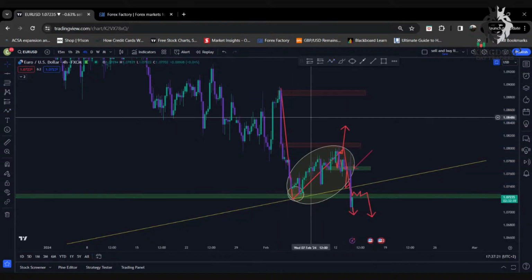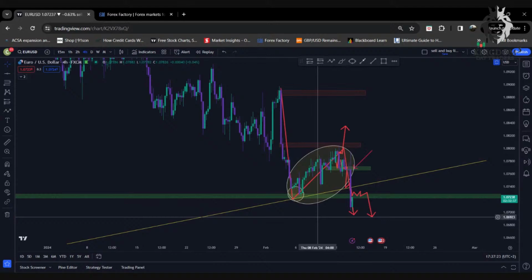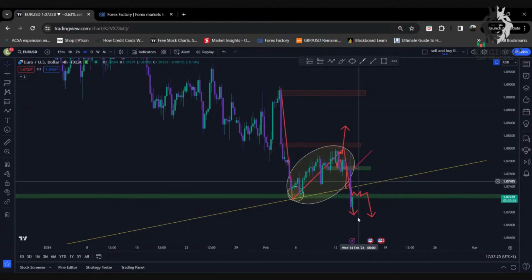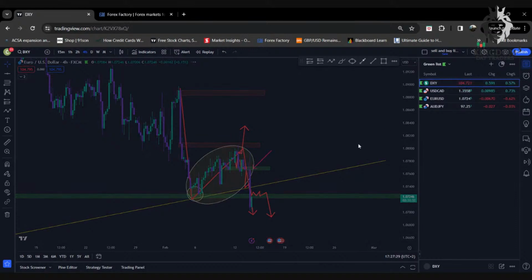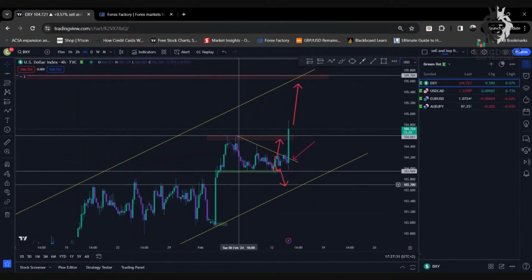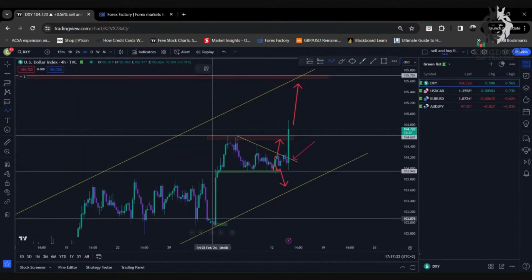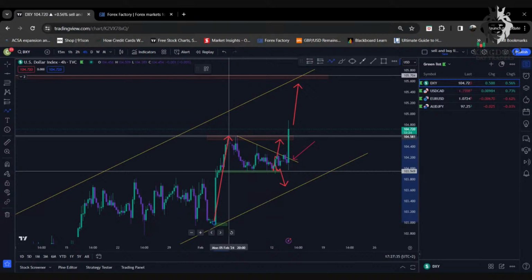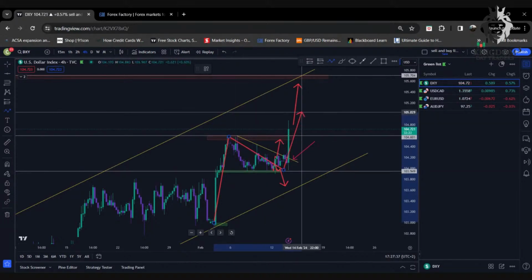So it's very important to see that. This is actually corresponding to how the Dixie actually operated. And let's go back to the Dixie as well, right? So the Dixie we had, like I said, we had a rally, we had a pullback, and then we have a spike again going long.